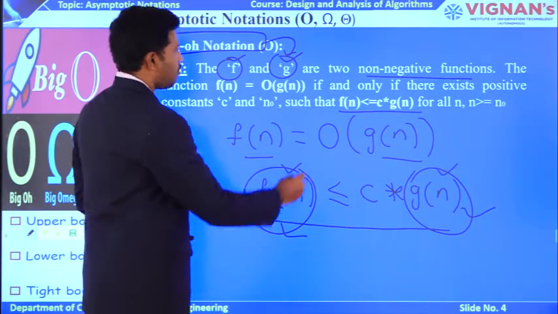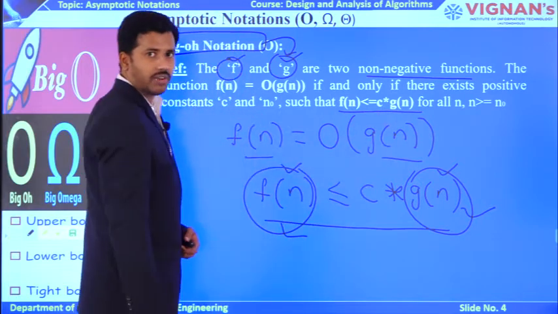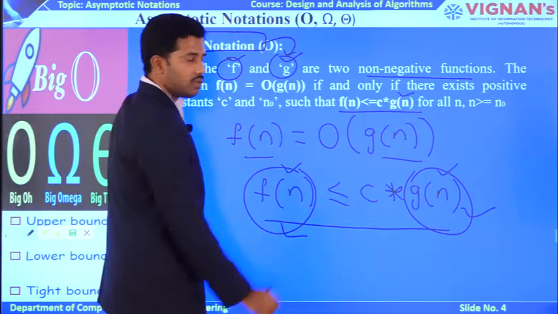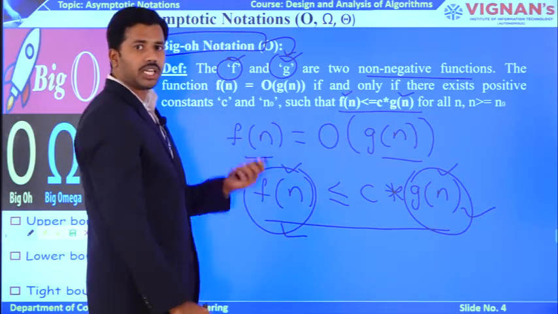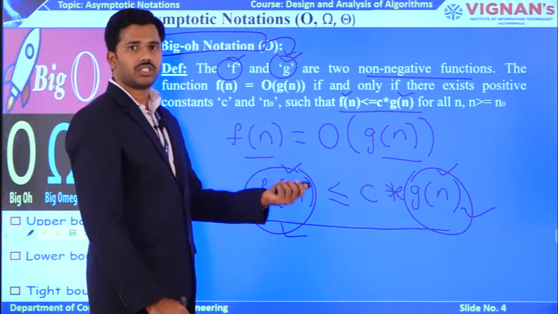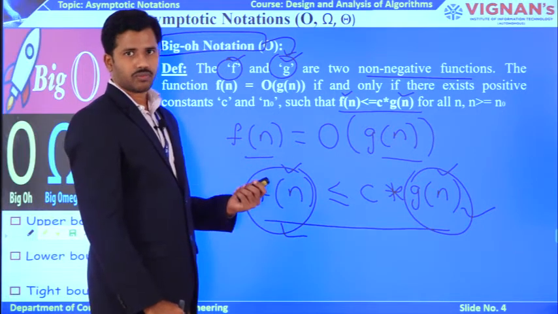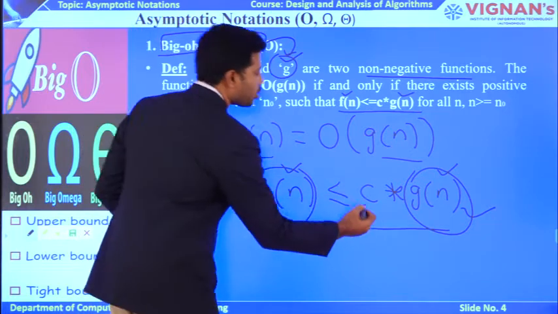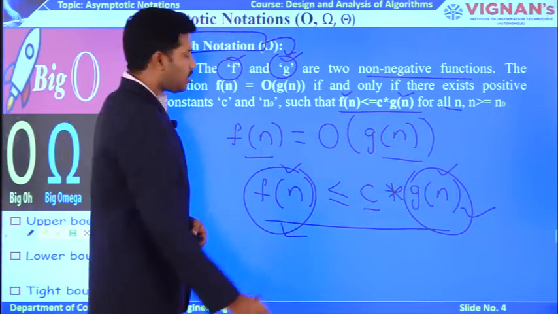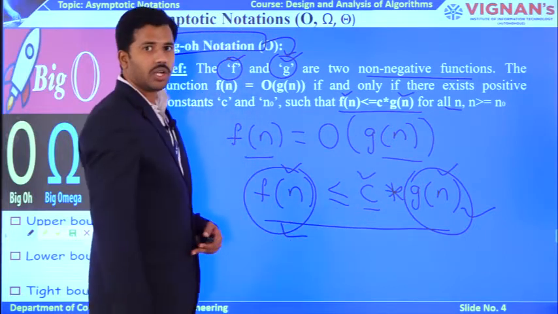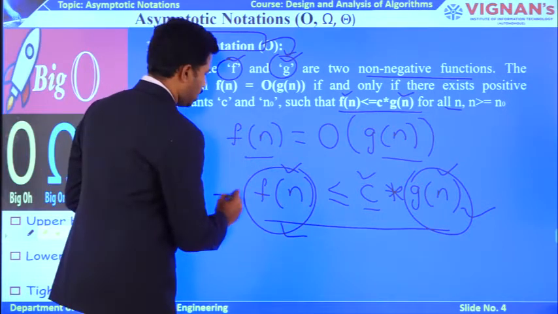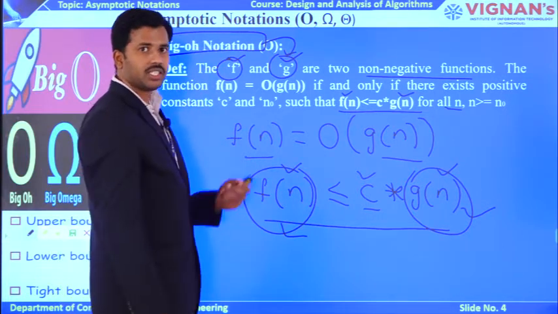So f of n less than or equal to c into g of n is the relation which tells that g of n has a higher value than f of n, and only then can you say that f of n as well as g of n are in a big O relationship. Your target is to find the c value as well as the n value, and based on the c value and n value, you can prove this relation.